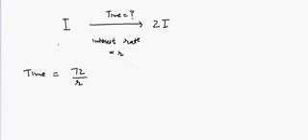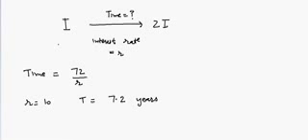So for example, if the rate is 10, then the time will be equal to 7.2 years. If the rate is 20, then the time will be equal to 3.6 years.